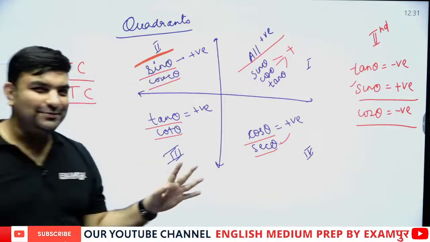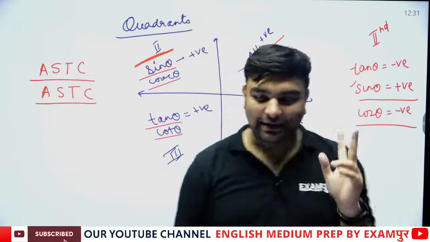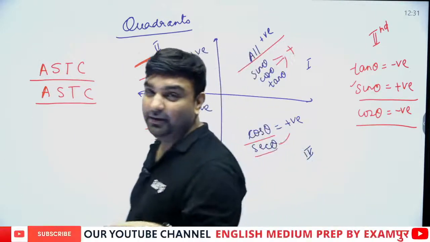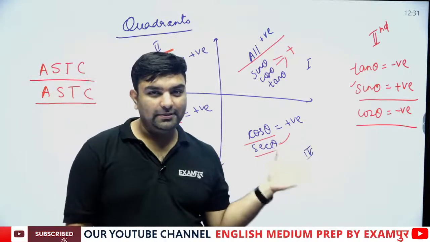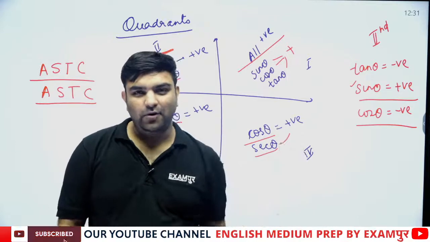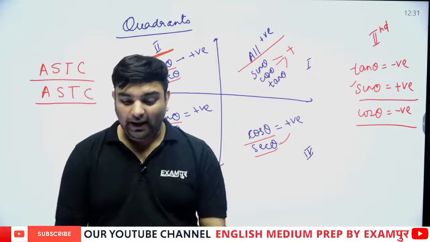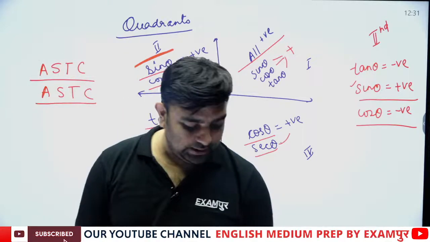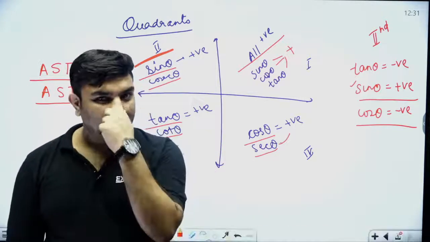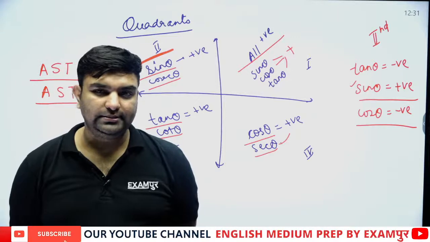Now you got it, guys, why I said that if you go very technically, then your answer would not match over there. And that was the requirement of the time as well, guys.